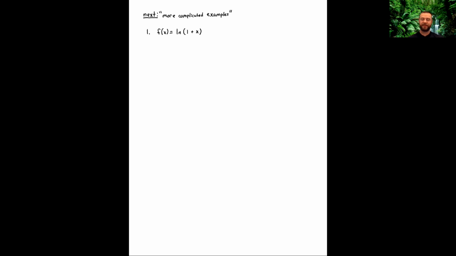So maybe make an attempt to think, how is this function related with derivatives or antiderivatives to 1 over 1 minus x? All right, any ideas?